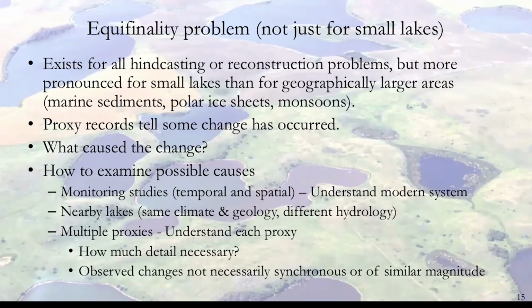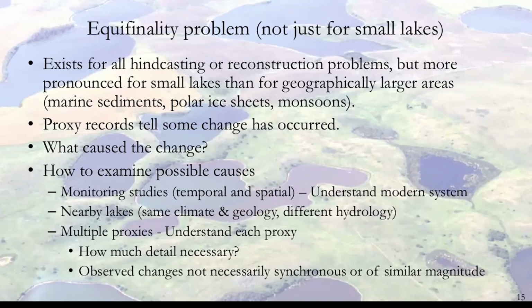Small lakes are much more influenced by what's going on in the catchment. Compared to marine sediments, polar ice sheets and monsoons, equifinality is a much more serious problem. Okay, so we can tell some changes occurred, but what caused the change, that's a whole other challenge.